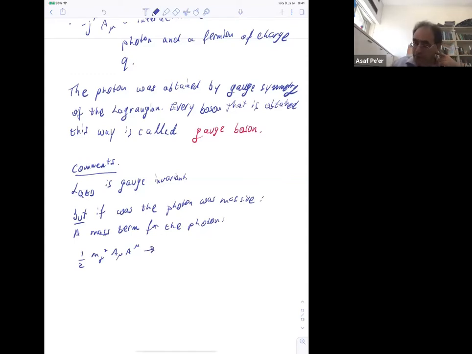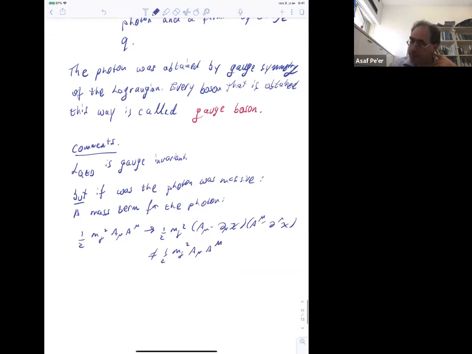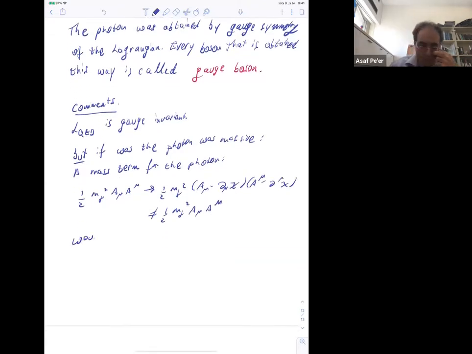That would transform to one half m_gamma squared (A_mu minus d_mu chi)(A^mu minus d^mu chi). And that of course is not the same as one half m_gamma squared A_mu A^mu. So this would break the symmetry and make the Lagrangian not gauge invariant.